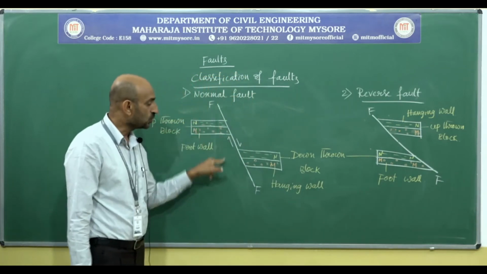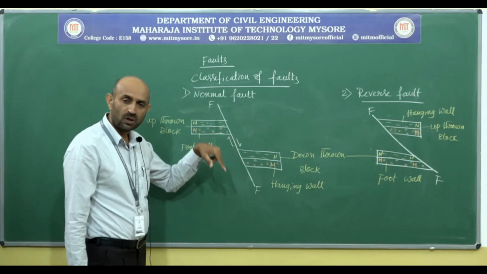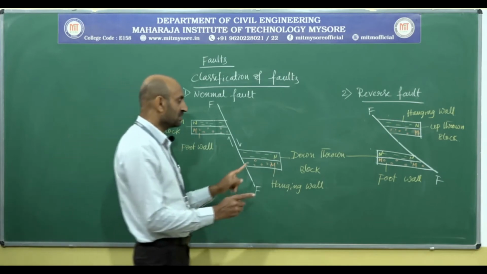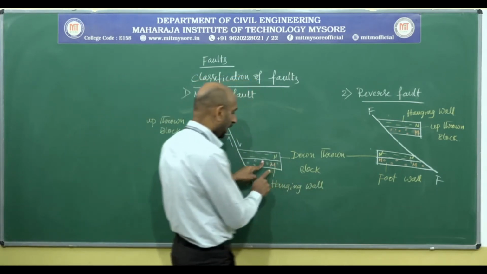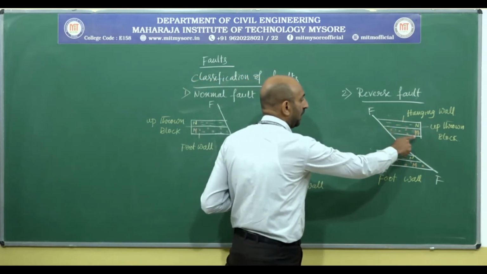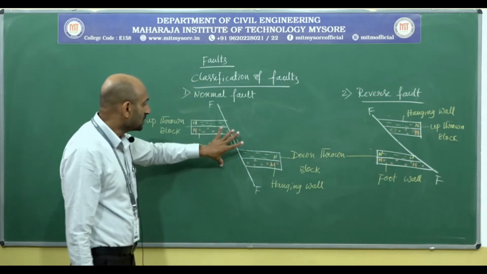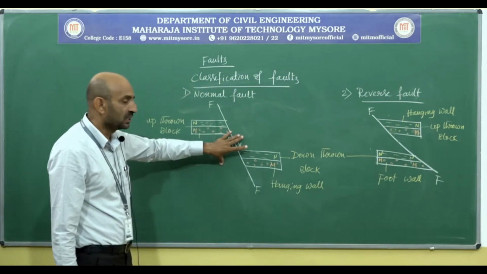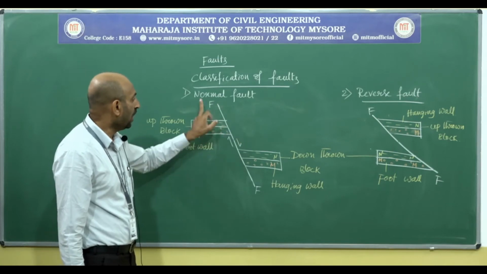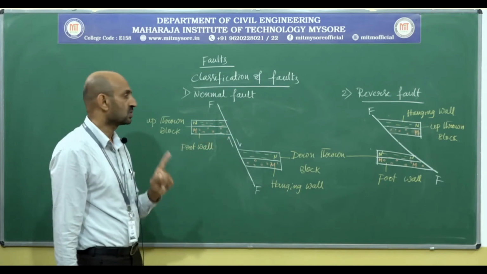Here, the head is towards the down thrown side. The fault plane is towards the down thrown side. The major difference is here the hanging wall becomes down thrown block. In a reverse fault, the hanging wall becomes up thrown block. The normal fault is produced by the lateral tensional force.